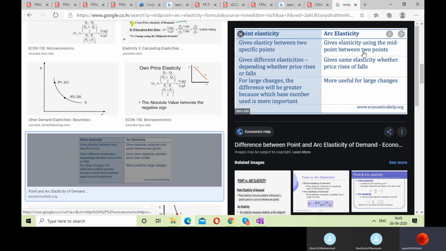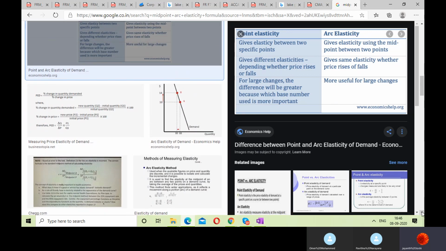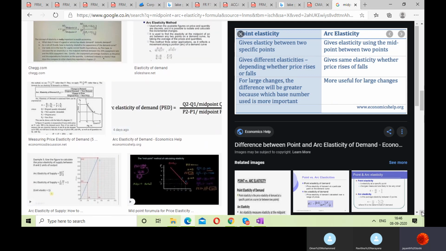It gives the same elasticity whether price rises or falls, because average is what you are seeing, and it is more useful for larger changes. Increase or decrease, the average will always be the midpoint. So let's move forward now.